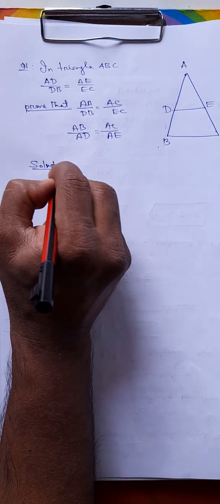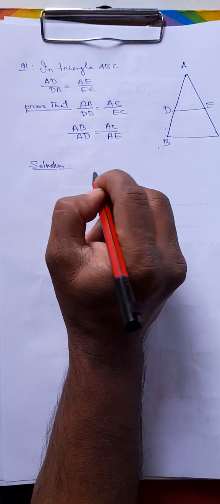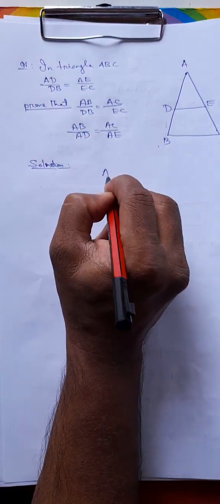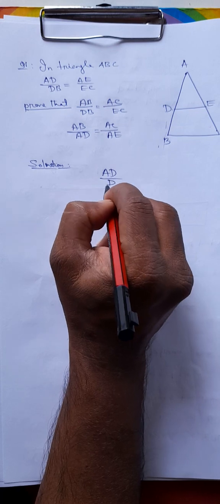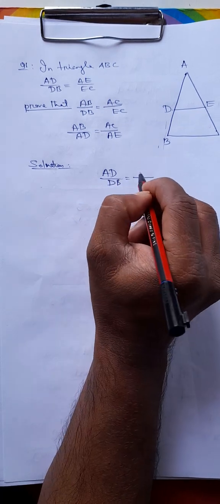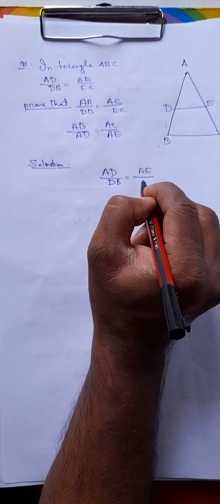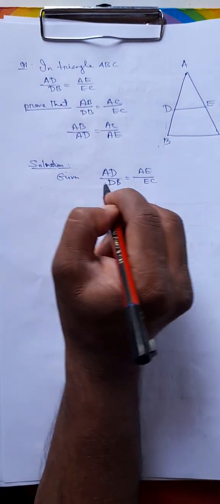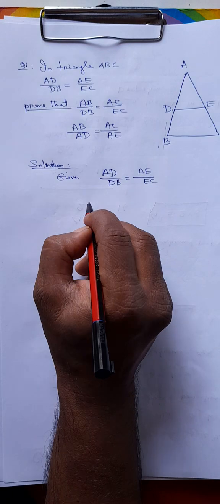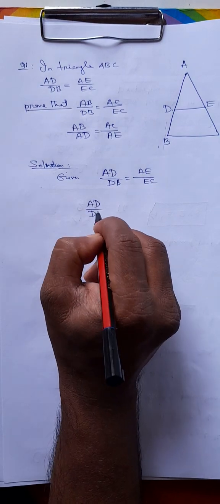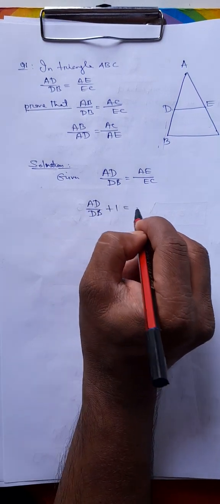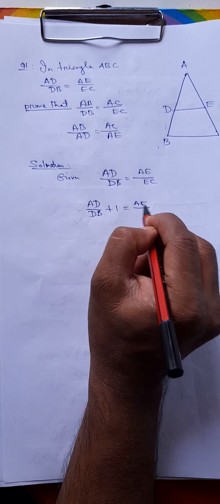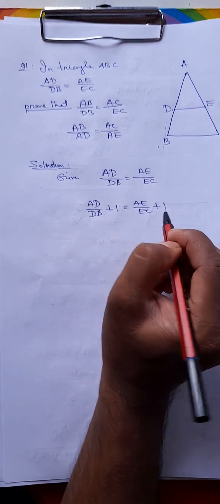Solution. Here AD by DB equal to AE by EC. This is given, right? Given. Now AD by DB, let's add 1 to both sides: AE by EC plus 1.